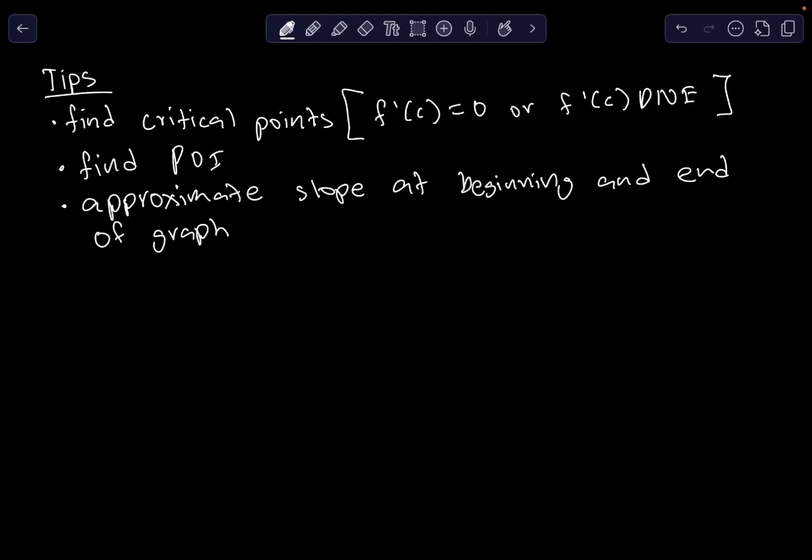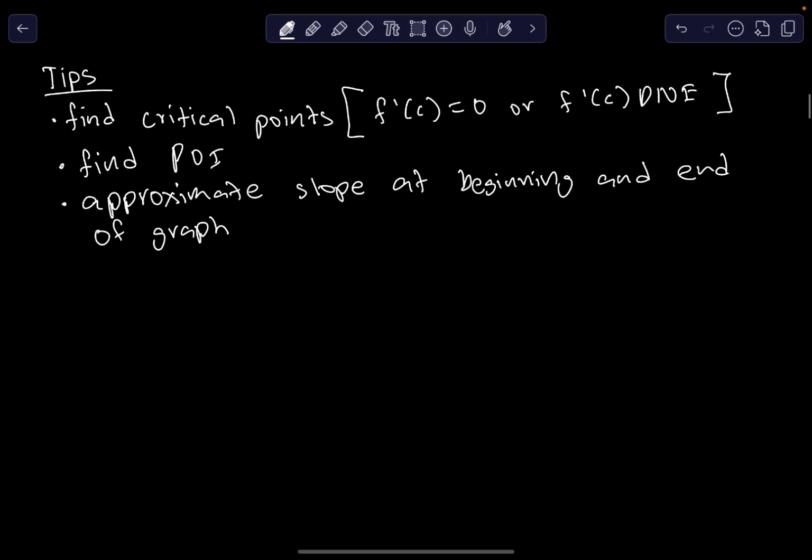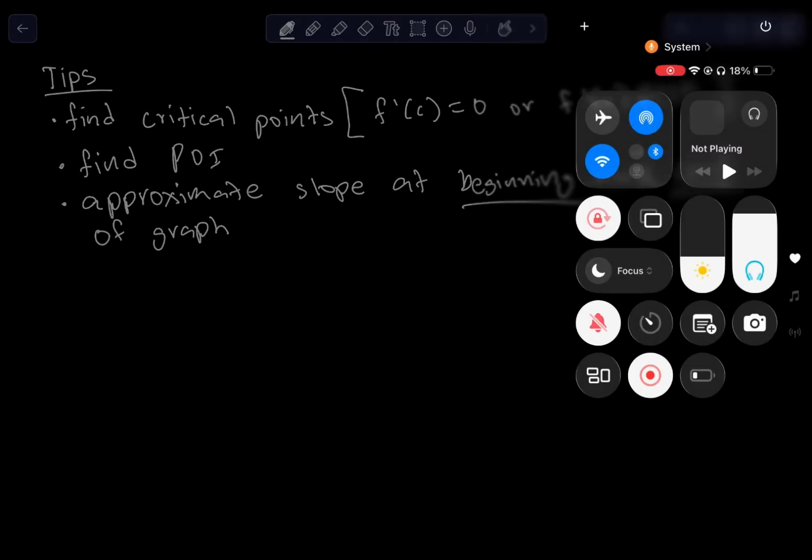Even though it might not be a min or a max where we cross the x-axis, it'll show us where our extrema are on our derivative graph. So we'll see how that works. Finally, just in case you're a little lost and you don't know where to start, especially on complex polynomials, it's always important to approximate the slope at the beginning and at the end of a graph. It'll help you get started and connect all the dots.